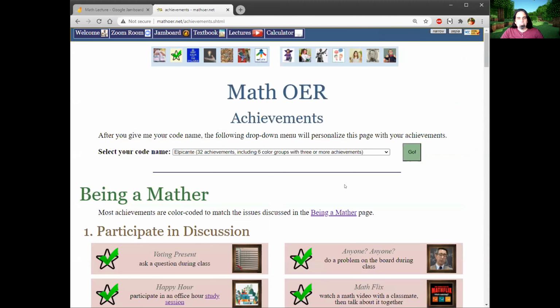If you want your code name to be blatantly obvious, you can. There was somebody that emailed me in response to my welcome to the class email and said, can I just use my real name for my code name? Then you can, but this is a public website, so everyone will be able to see your achievements. Lots of students don't care.